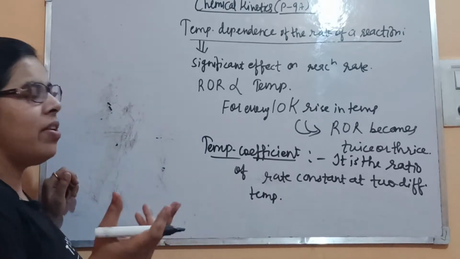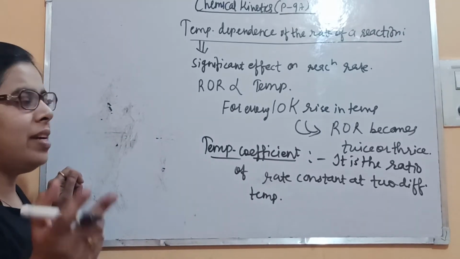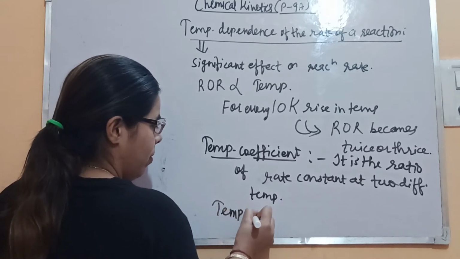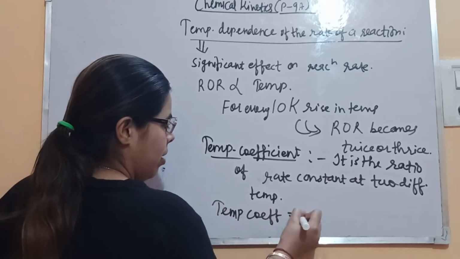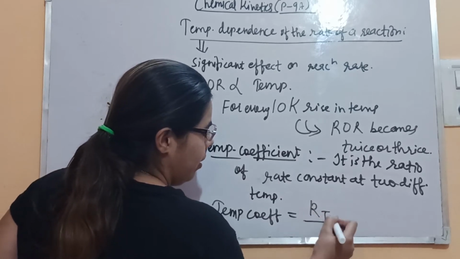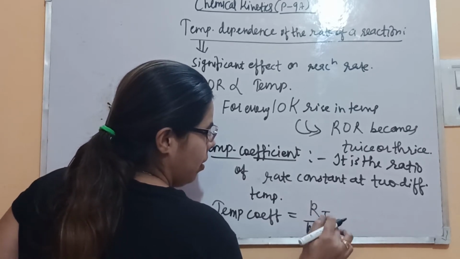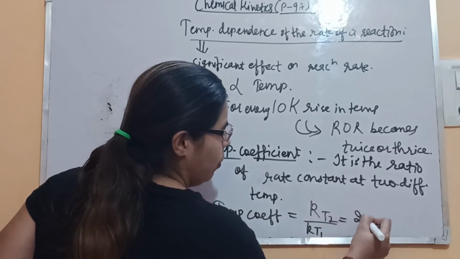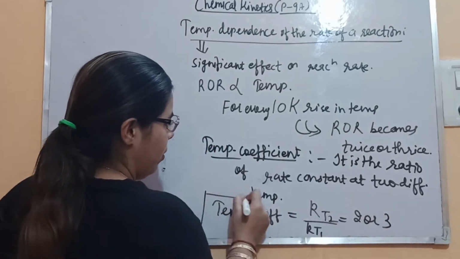Fine, it's nothing, just a ratio of the rate constant at two different temperatures. So this is the temperature coefficient. That is K at T2 by K at T1 is equal to twice or thrice.